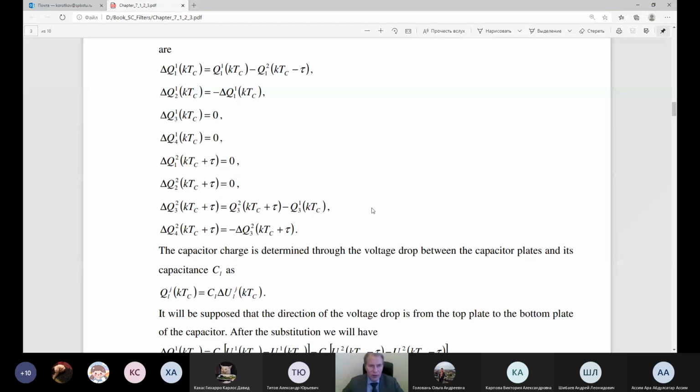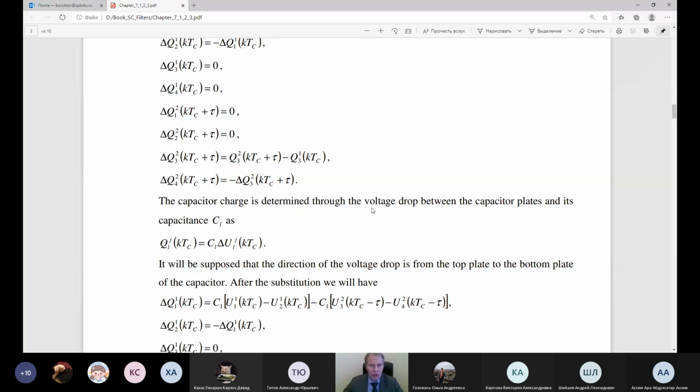Все понятно. Yeah, let's go further. The next stage. It is necessary to introduce into the formulas the voltage drop between the capacitor plates, upper and bottom. Необходимо ввести падение напряжения теперь на конденсаторе, между верхней и нижней обкладкой.